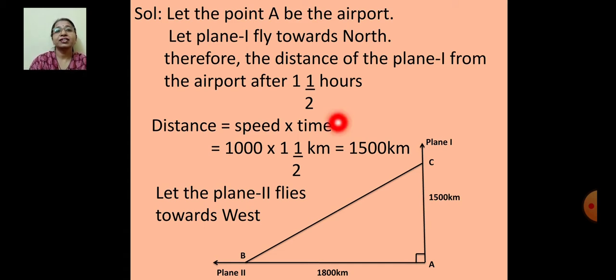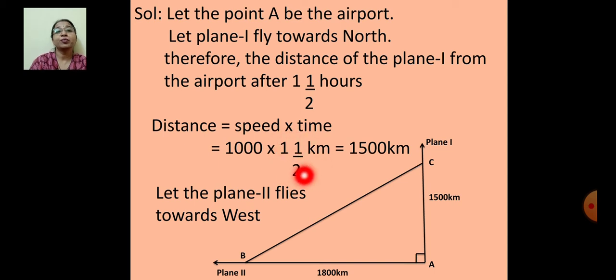So what is that relation? Distance is equal to speed into time, right? The speed of plane 1 is given as 1000 km per hour into how long plane 1 flies? For 1.5 hour. So into 1.5 hour and their product.